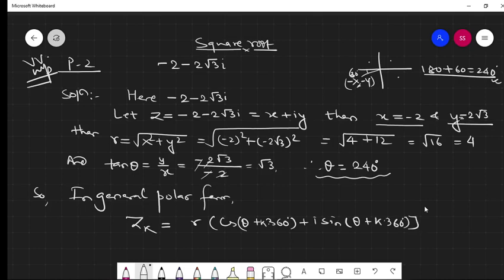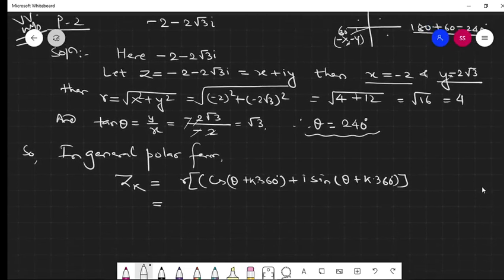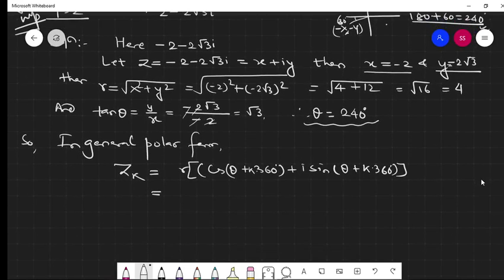This is the general polar form. Then we know that we have to find the square root.